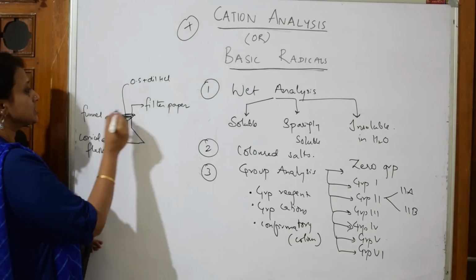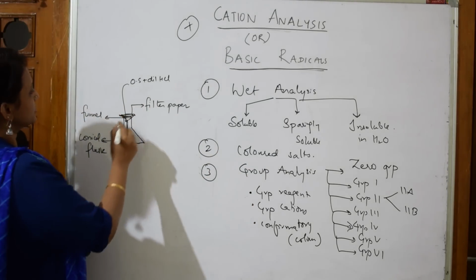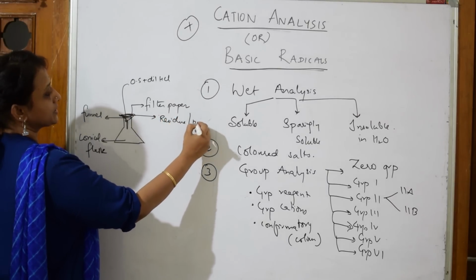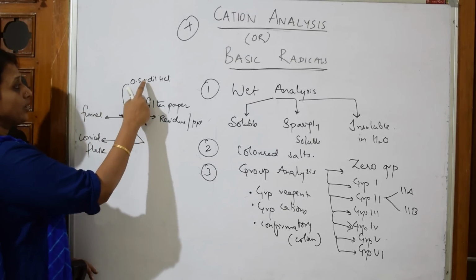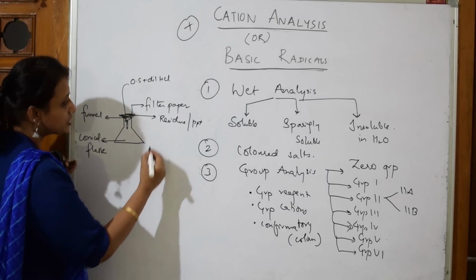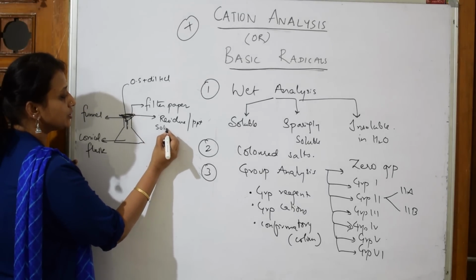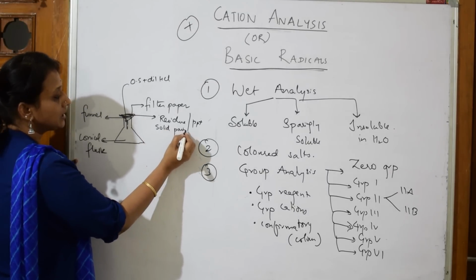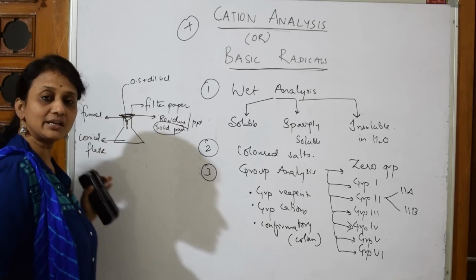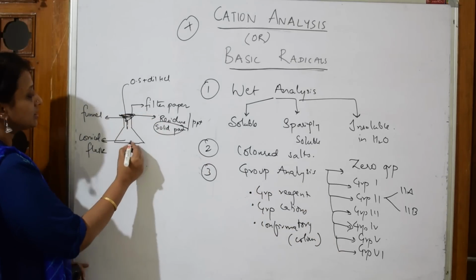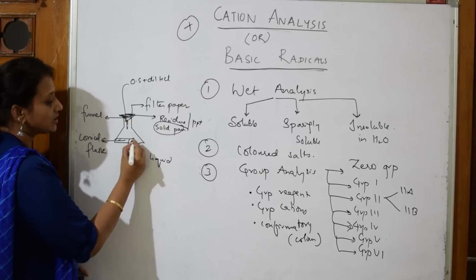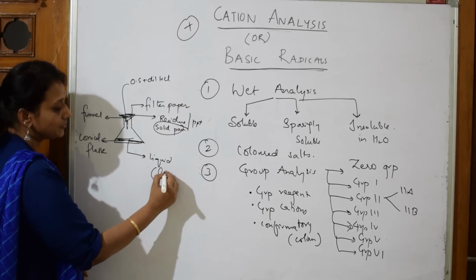I'm just explaining the concept of residue or precipitate. Now see, when you are pouring it onto the filter paper over the conical flask, whichever is the solid part, the solid which is left on the funnel, is called the precipitate or the residue. Whatever is liquid, present at the base of the conical flask, is called the filtrate.